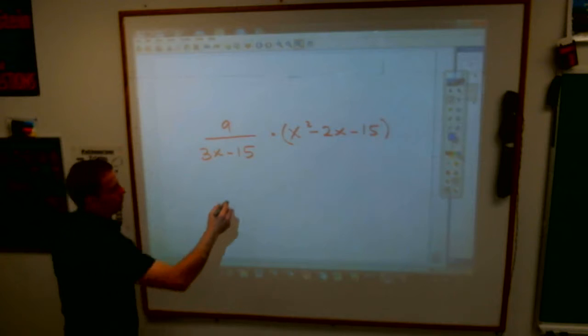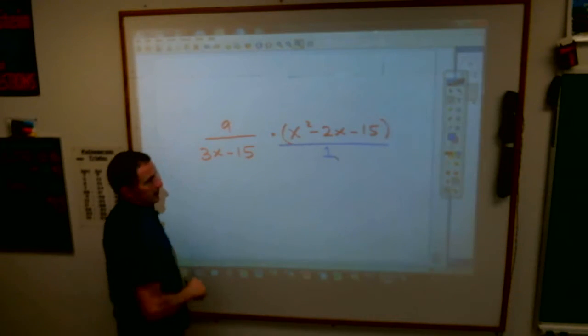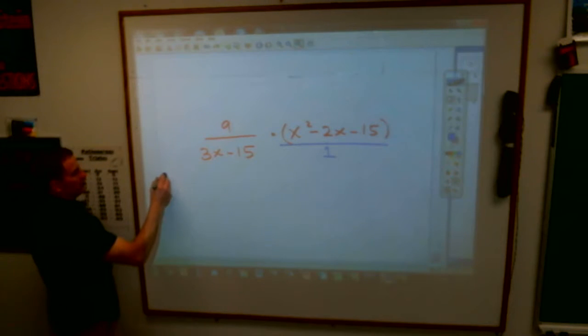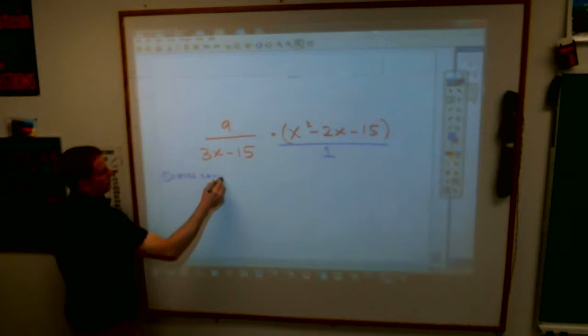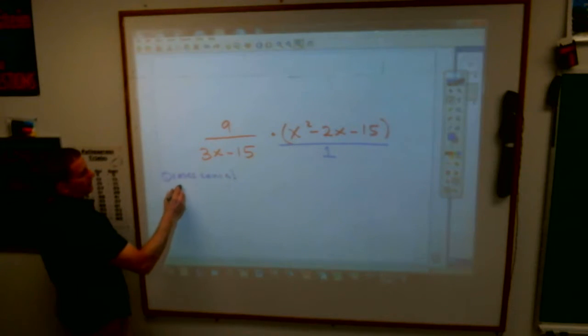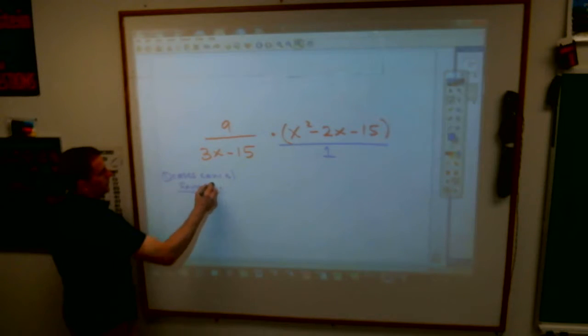Normally as fractions, you would put it over 1, and then you multiply the tops and multiply the bottoms. But before you do that, you want to see if something cross cancels. And in order to do that, you need to factor everything as much as possible.